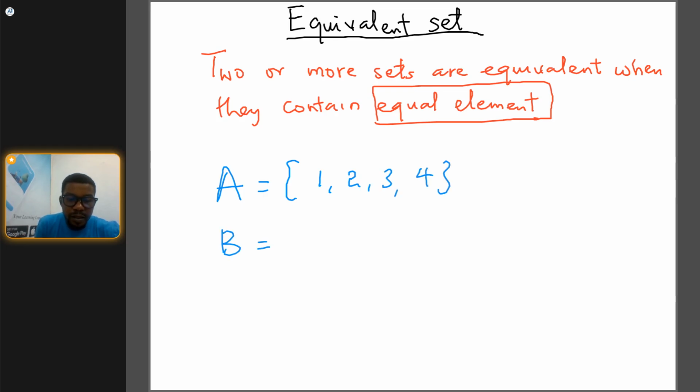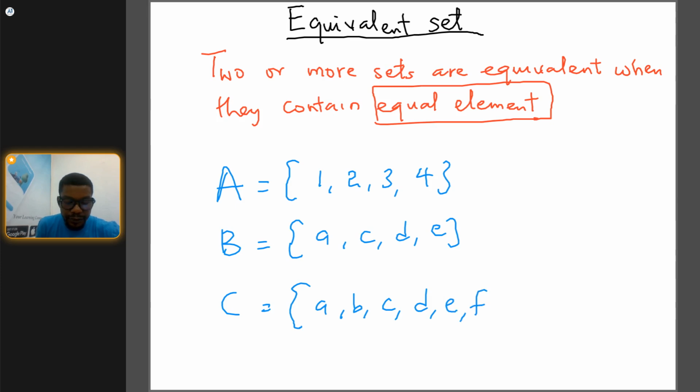Set B equals A, C, D, and E, and set C equals A, B, C, D, E, then F. Now we are talking about equivalent sets, and we said two or more sets are equivalent when they contain equal elements. So now we are dealing with elements. The numbers of elements will determine whether they are equivalent or not.